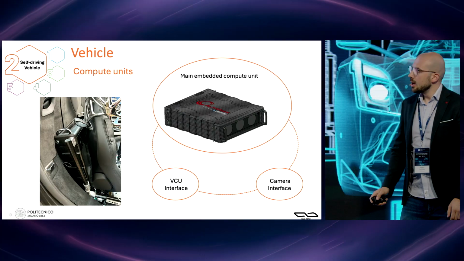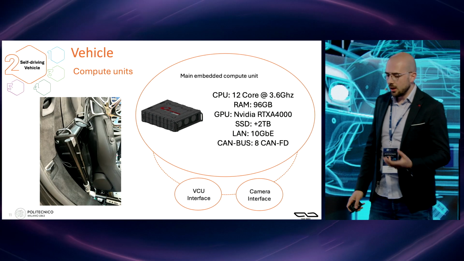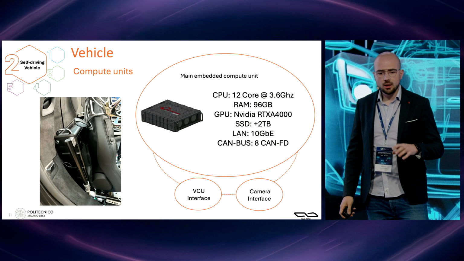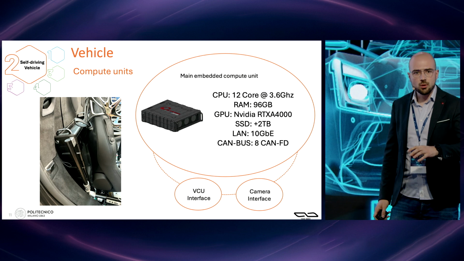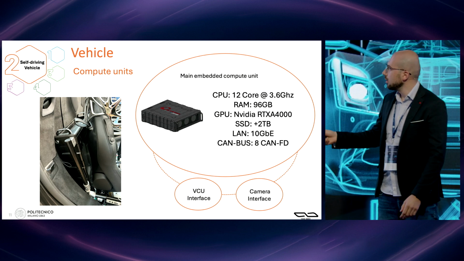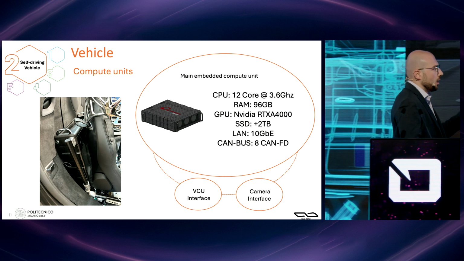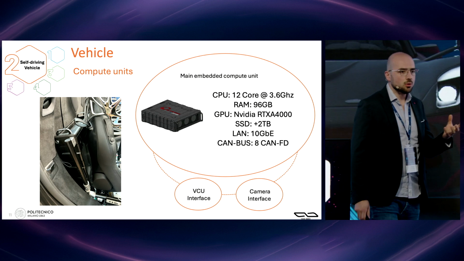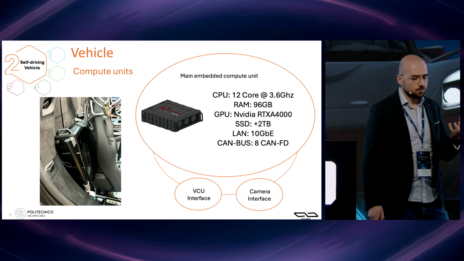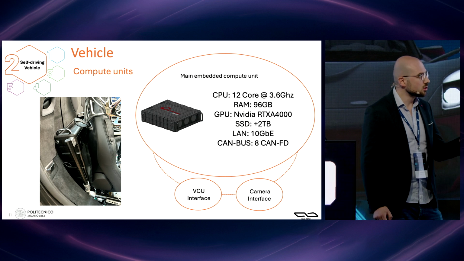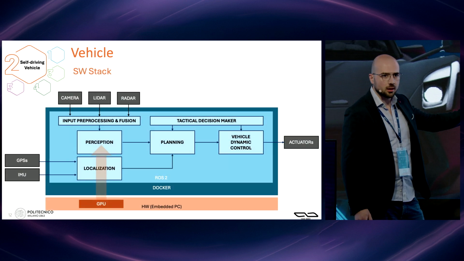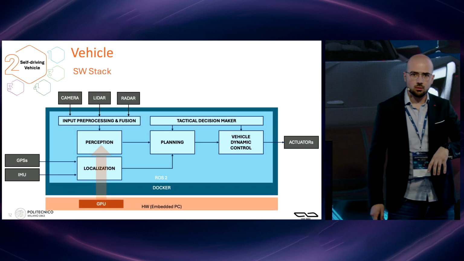This computer is very powerful, has a lot of CPU and GPU capabilities, and networking with 10 gigabit Ethernet and a lot of CANs. This is the main computing unit that allows us to run the full self-driving stack in real time on the vehicle.